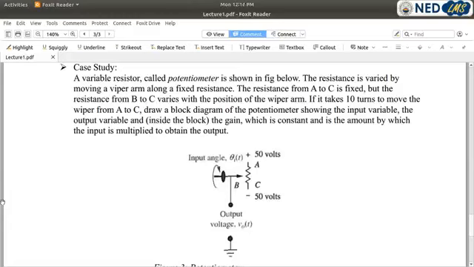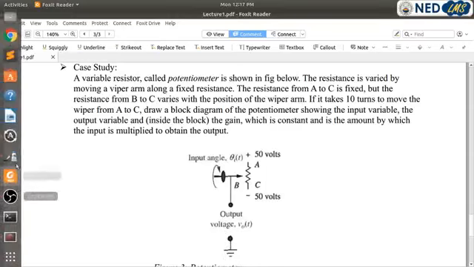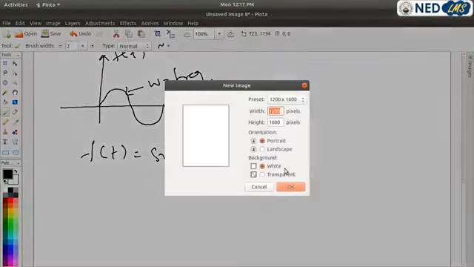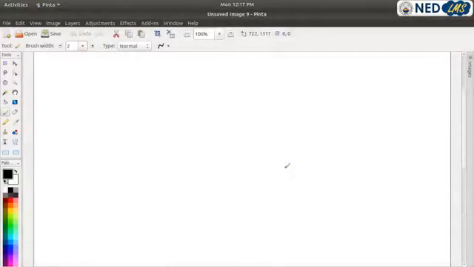So here we have to find out the potential difference between point B, which is the wiper arm, and the ground. Let's do it on a separate sheet.